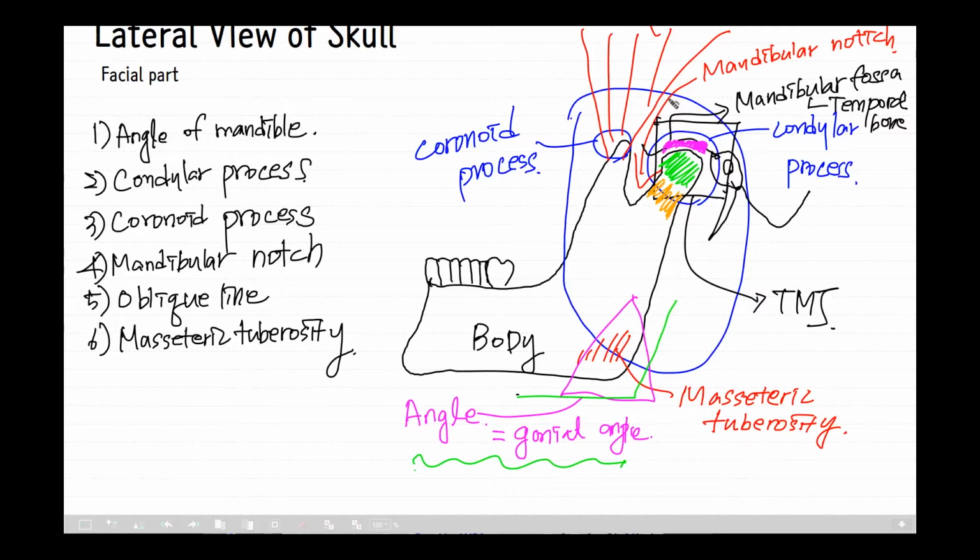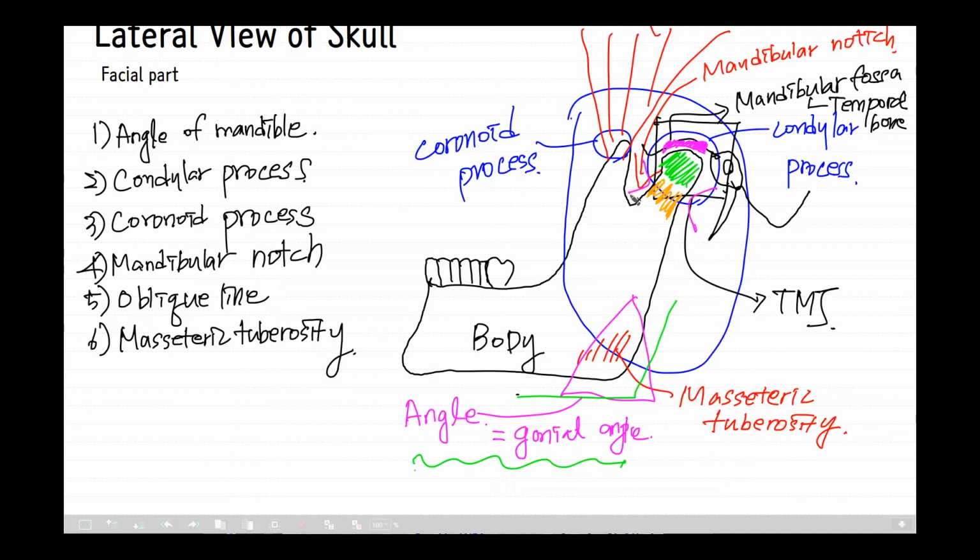And it is convex from before backward and from side to side and extends farther on the posterior than on the anterior surface. The neck is a constricted portion compared to the head, supporting the head.